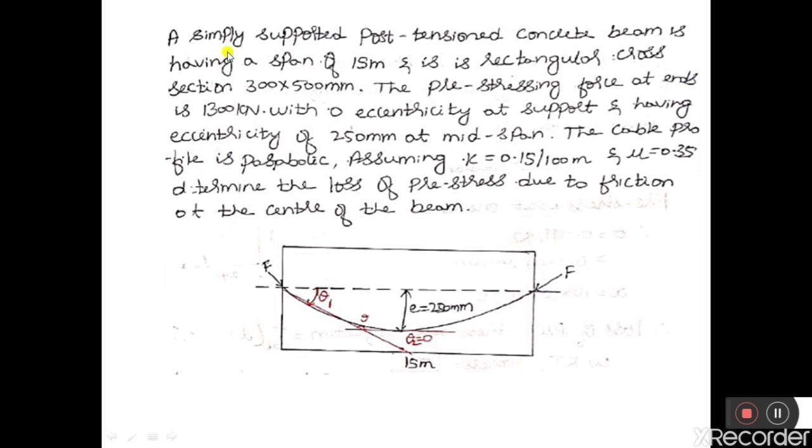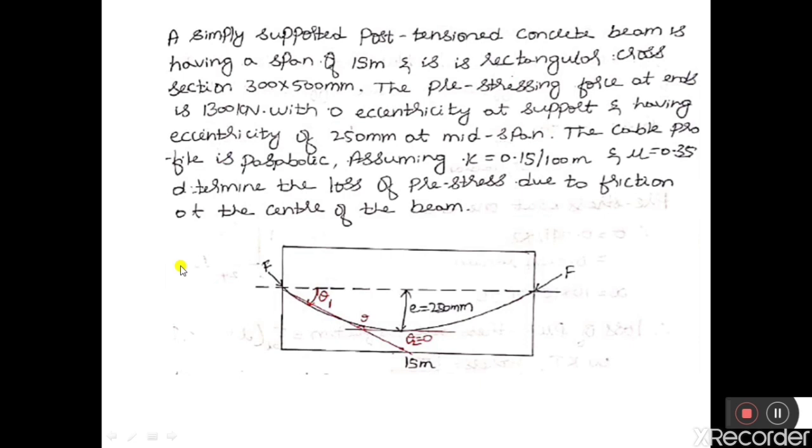Here, a simply supported post-tensioned concrete beam having a span of 15 meters has a rectangular cross-section of 300 by 500 mm. The pre-stressing force at ends is 1300 kN with zero eccentricity at supports and an eccentricity of 250 mm at midspan.